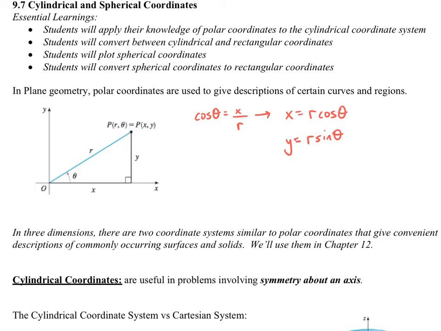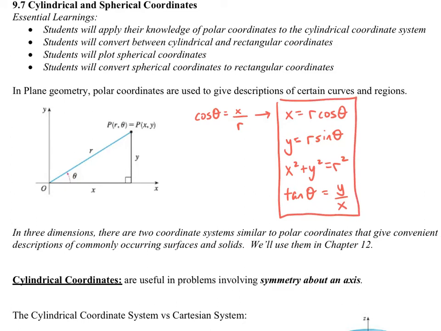You could also do the Pythagorean theorem and get x squared plus y squared is equal to r squared. And last but not least, you could do the tangent of the angle equal to y over x. So here is the set of equations associated with polar coordinates that hopefully you remember from last year. And if not, this is your very quick refresher on that.